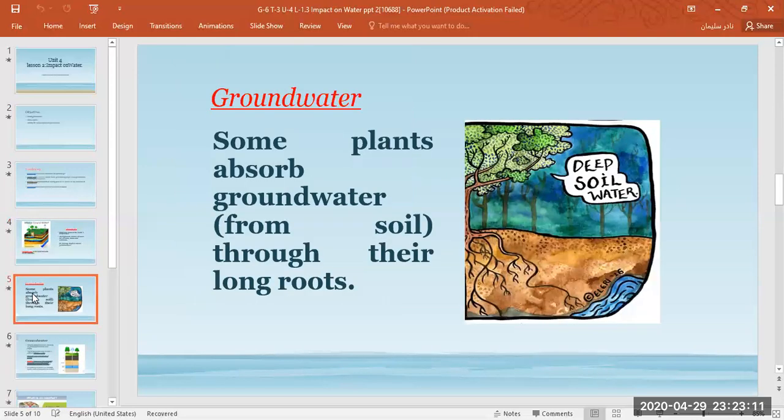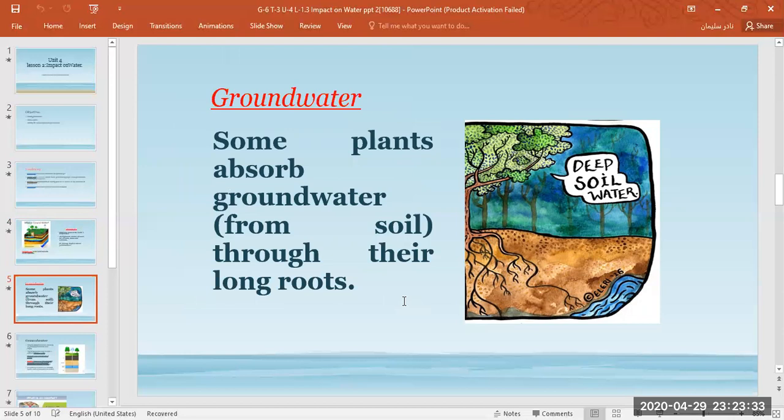Also, girls and boys, you have to know that many plants absorb groundwater from the soil through their long roots. How does this happen? We have the groundwater found in an area under the ground, thousands of meters down. Above this area, there are layers of soil.